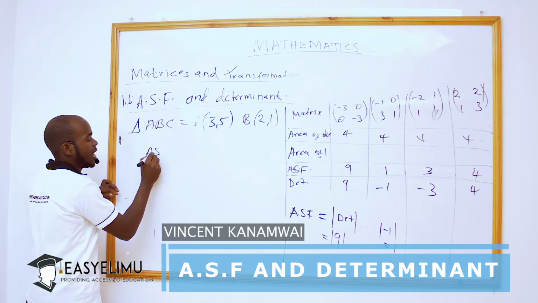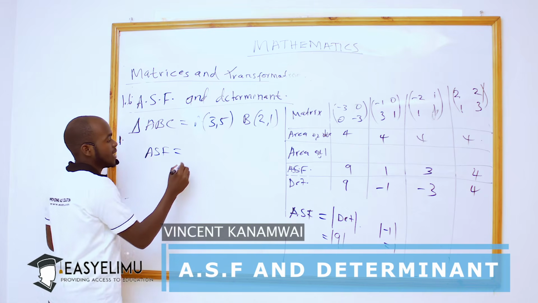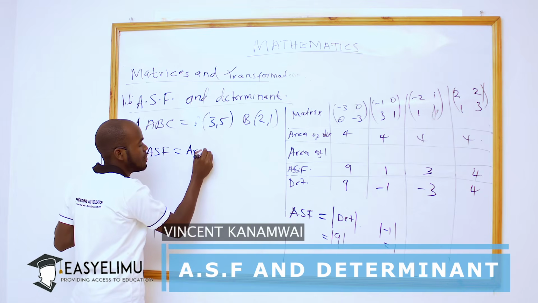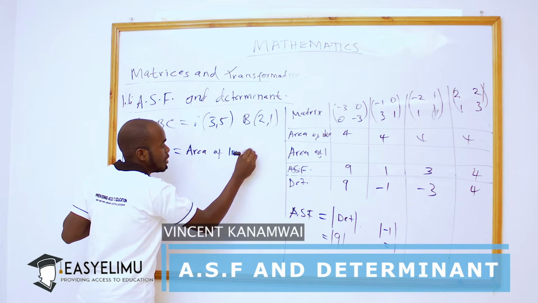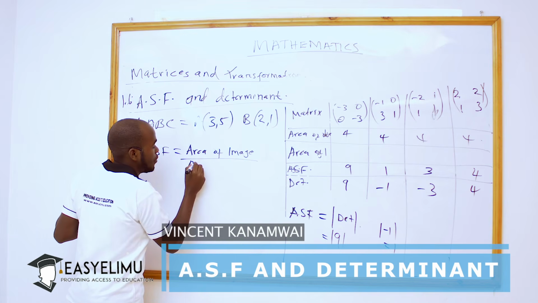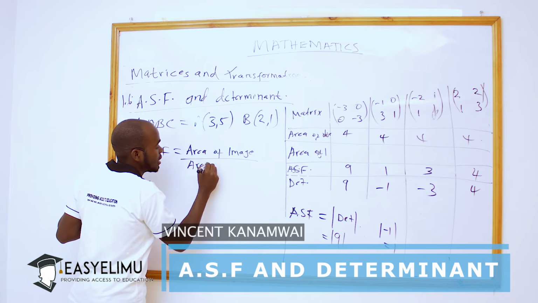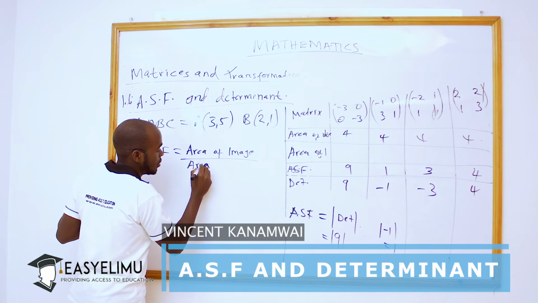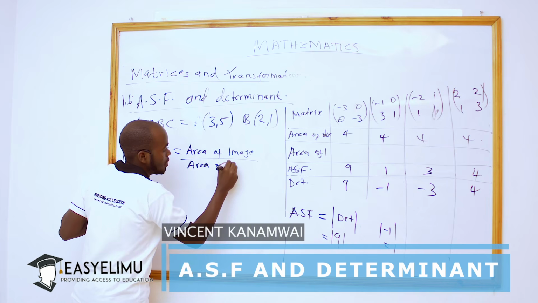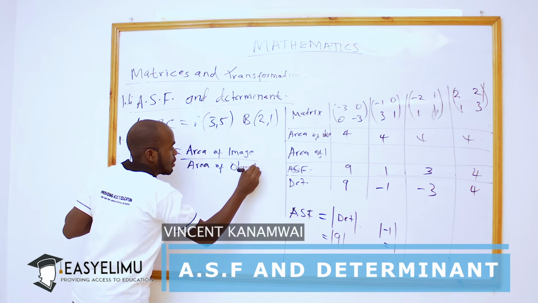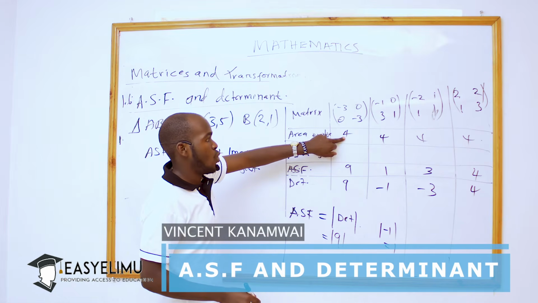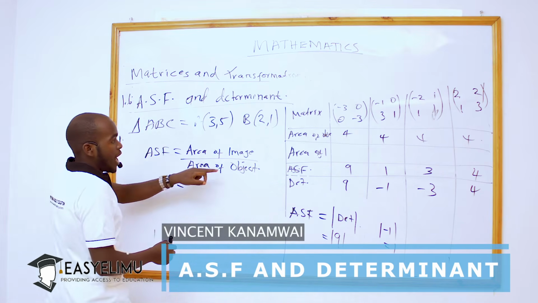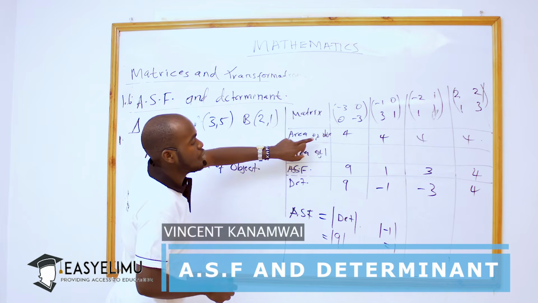Area of the image: to find the area of the image, we said earlier that area scale factor is obtained by taking the area of the image divided by the area of the object. For instance, the first one we have 4, which is the area of the object.